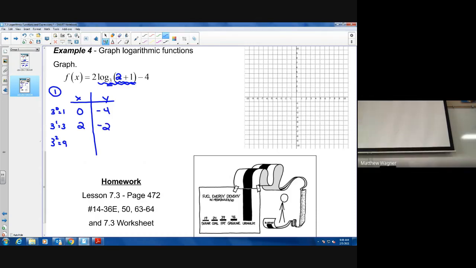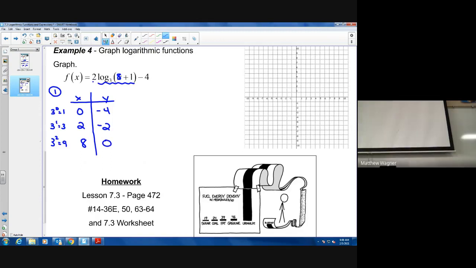All right? The next power of 3 we want to use is 9. So the question is, how do I get a 9 under there? Well, it would have to be an x value of 8. 8 plus 1 is 9. Log base 3 of 9. 3 to what power is 9? 2. So the log becomes a 2. 2 times 2 is 4. 4 minus 4 is 0.